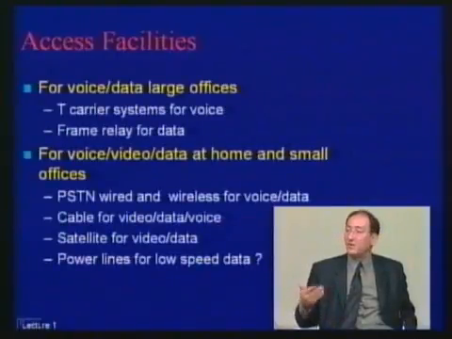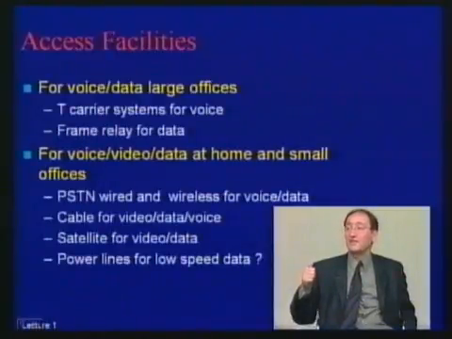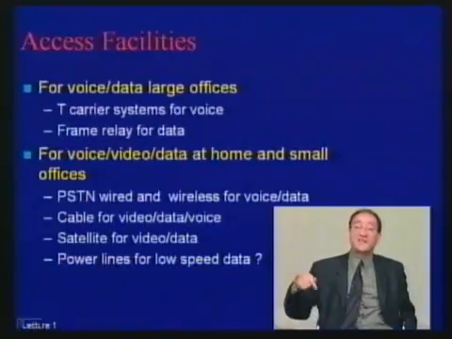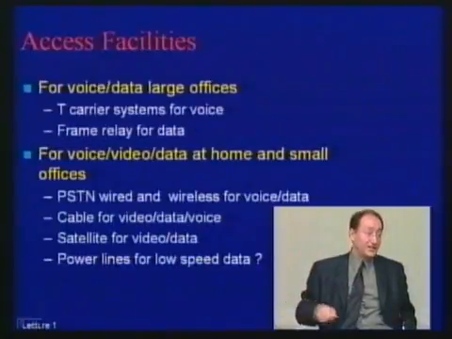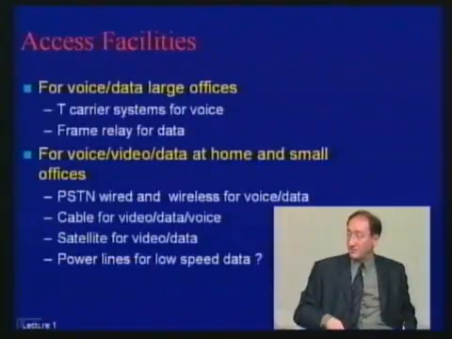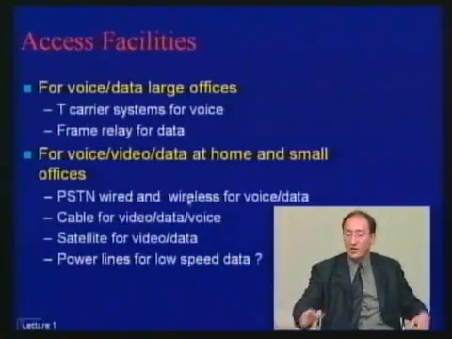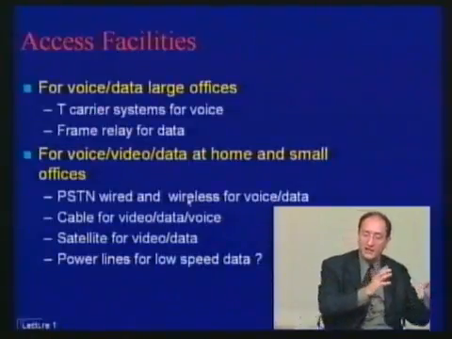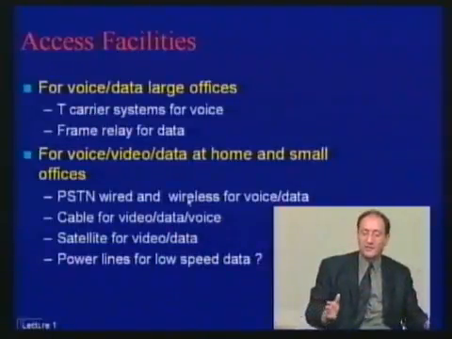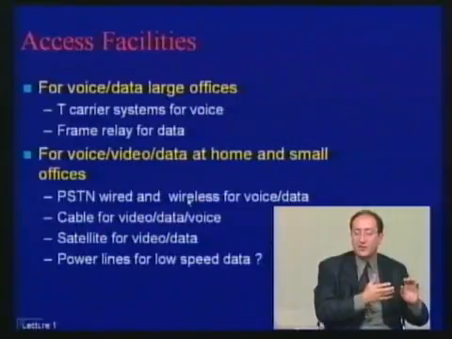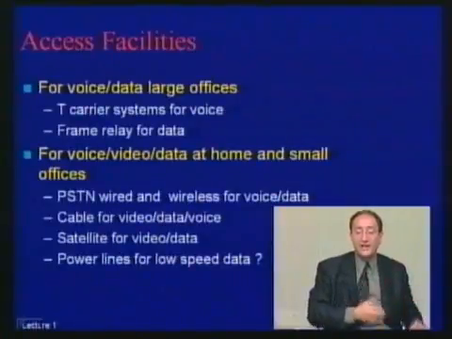They bring video and data. And even voice, but for voice, they are not very keen, because in satellite, you have too much delay. Okay? Now, so that's like access facilities. This is how a telecommunication network accesses either home or office, and the method of access is different.